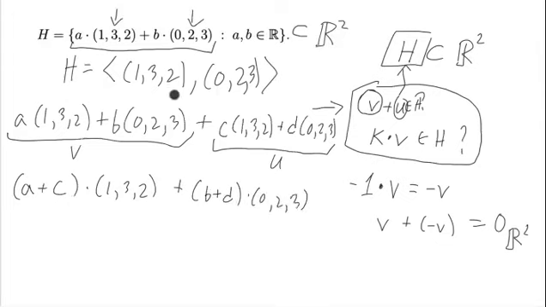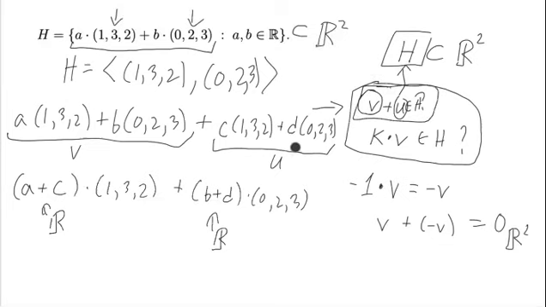Now notice the sum is written this way, and this is a real number and that's a real number, and it's in the same form as the elements that are in H. So it is in H, because H is all linear combinations, meaning all things like this times a real number plus all things like this times a real number, and indeed the sum happens to be of that form. Therefore it's in H. So we have just shown that this span is closed under addition.